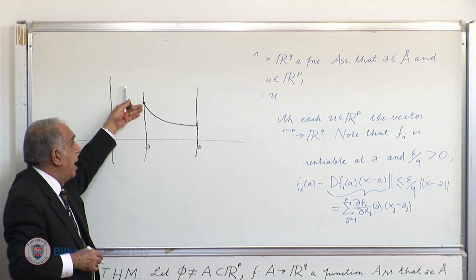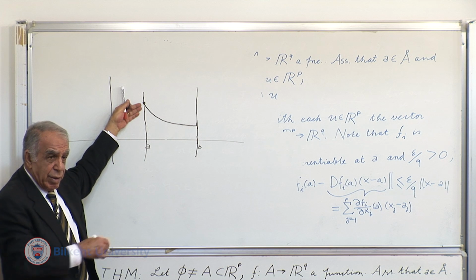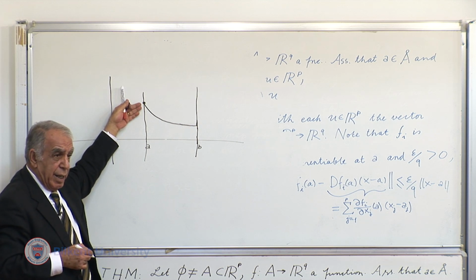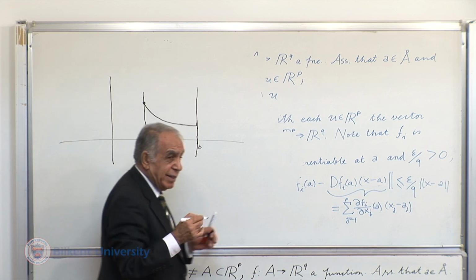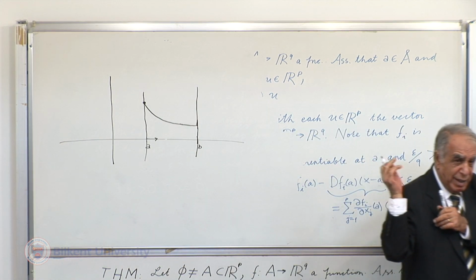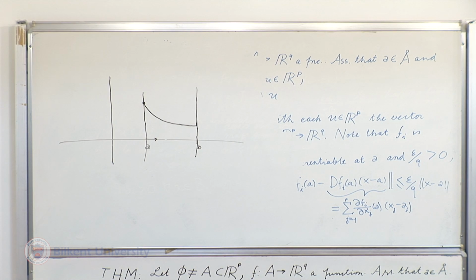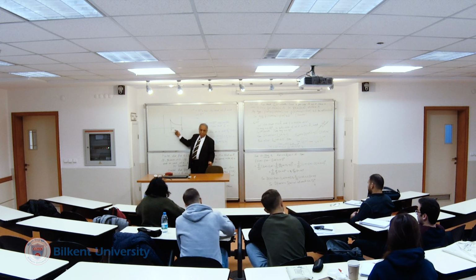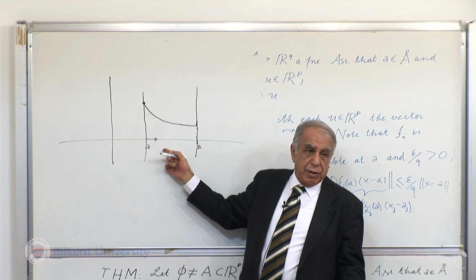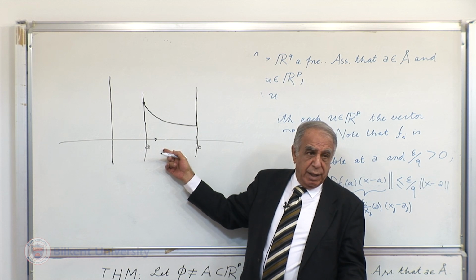The function attains its maximum at this point, so that's X star. For example, the vector 1, the real number 1, that's the vector here that points into the domain at A. So the directional derivative of f at A in the direction of 1 has to be less than or equal to 0.